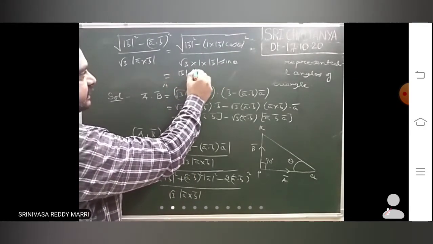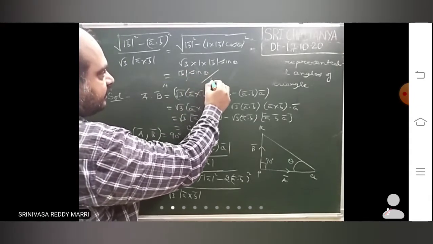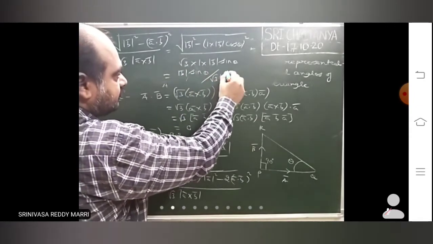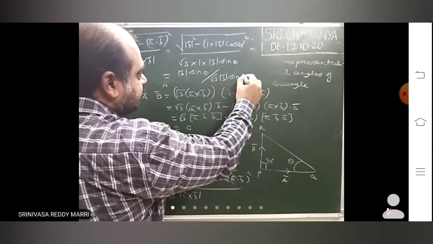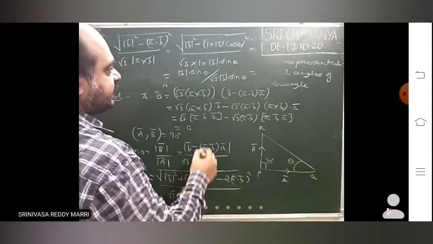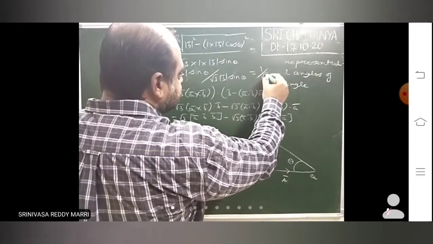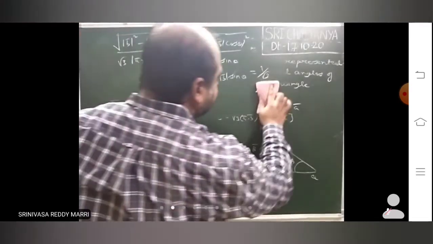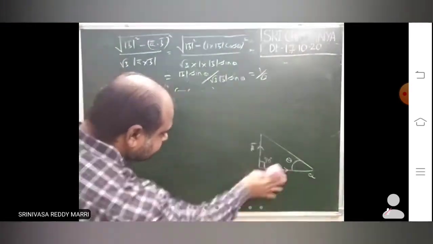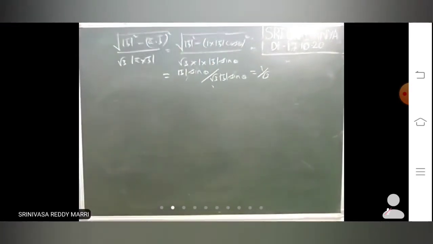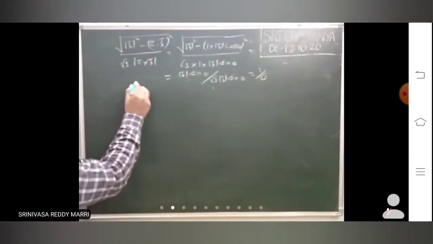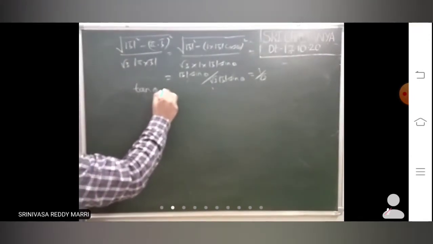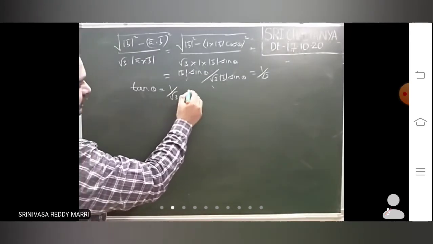That means the numerator is modulus B bar sin theta, divided by root 3 modulus B bar sin theta. This is nothing but sin theta, and modulus B bar cancels. So therefore tan theta is nothing but 1 by root 3.